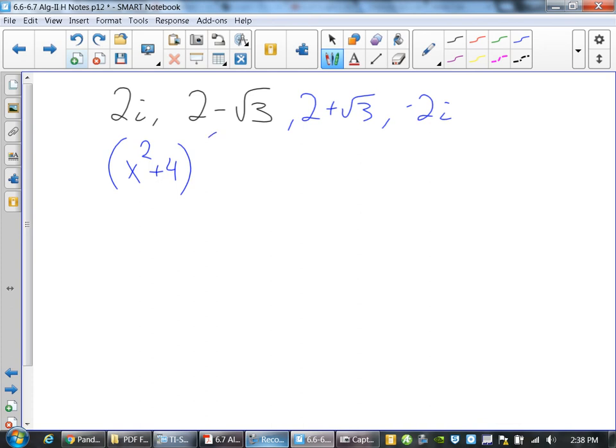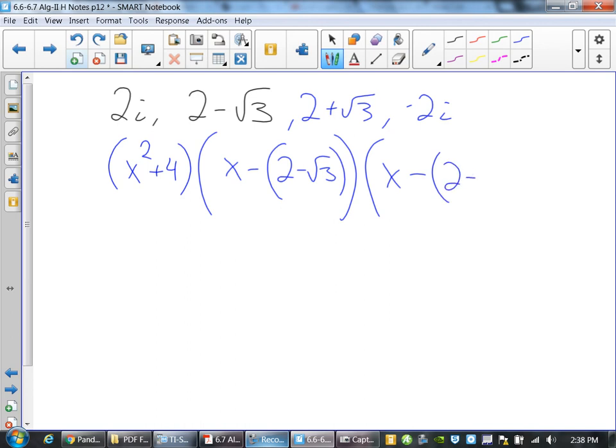I can still write that out as x minus the 2 minus root 3 and x minus the 2 plus root 3. I'm still going to go ahead and distribute my negative. And I'm still going to get that first term is going to be x minus 2, and then the last one's going to be plus or minus the root 3.